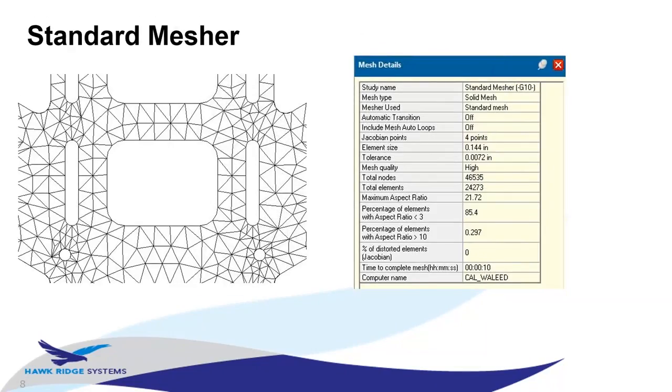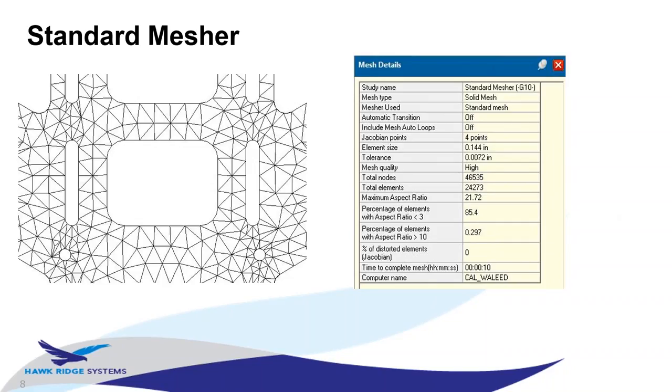And just for giggles, let's look at the standard measure here. For the eagle-eyed attendees out there, you'll see that the element size here is actually smaller than the 0.17 that I was trying to stick to, and that's because the 0.17 element size will actually fail for this part using the standard measure. That raises another interesting point: along with efficiency improvements, each one of these measures also helps our meshing step run a lot more smoothly.